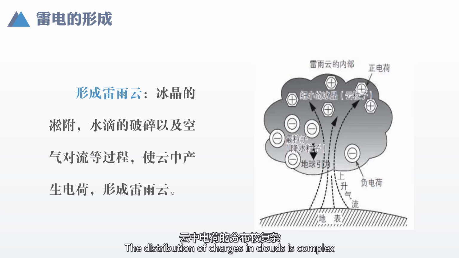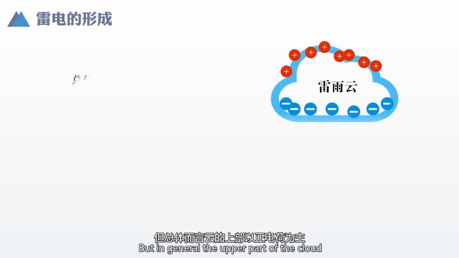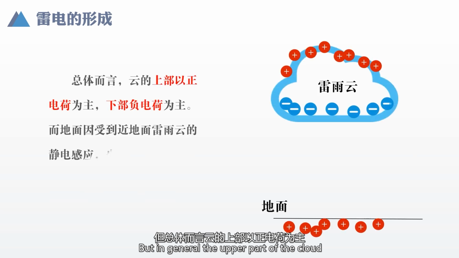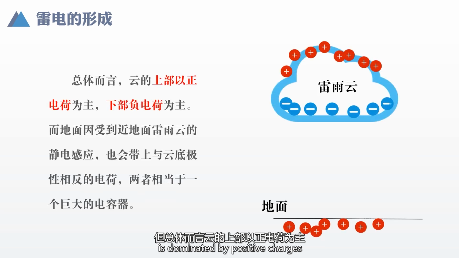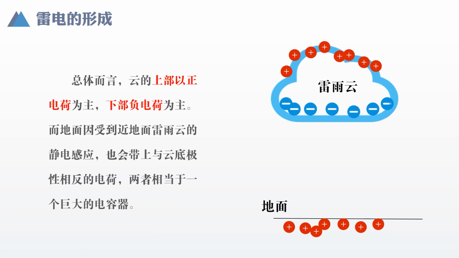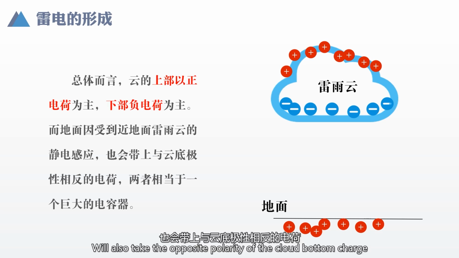The distribution of charge in thunderstorm clouds is complex, but in general, the upper part of the cloud is dominated by positive charges and the lower part by negative charges. The ground, through electrostatic induction from the near-ground thunderstorm clouds, takes on the opposite polarity of the cloud bottom.